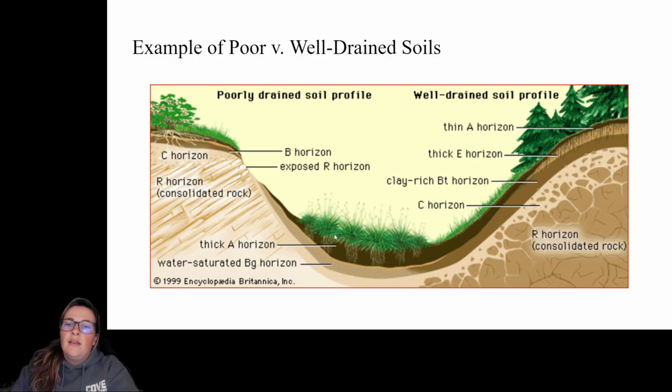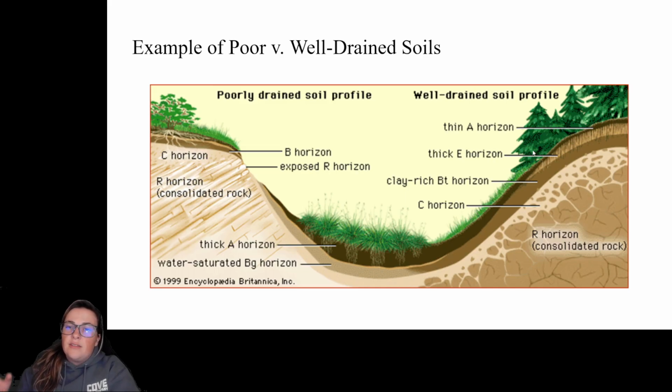On the other side, we have an example of a well-drained soil profile, and here we have a thin A horizon but a very thick E horizon, a clay-rich horizon next, and then a C horizon where we can start to see the parent material deteriorate, right? So we have some rock, but it's not a solid piece.